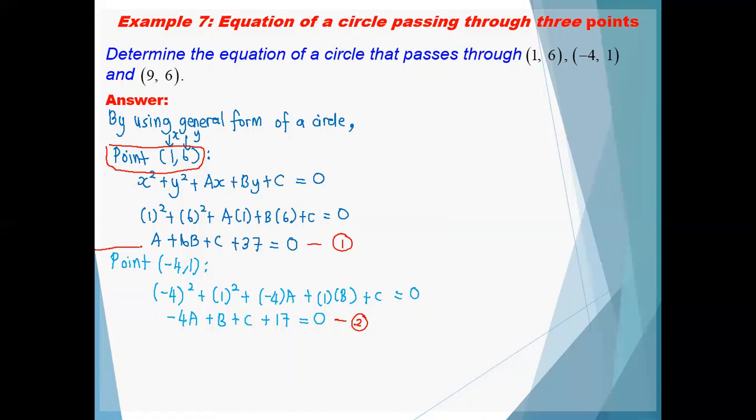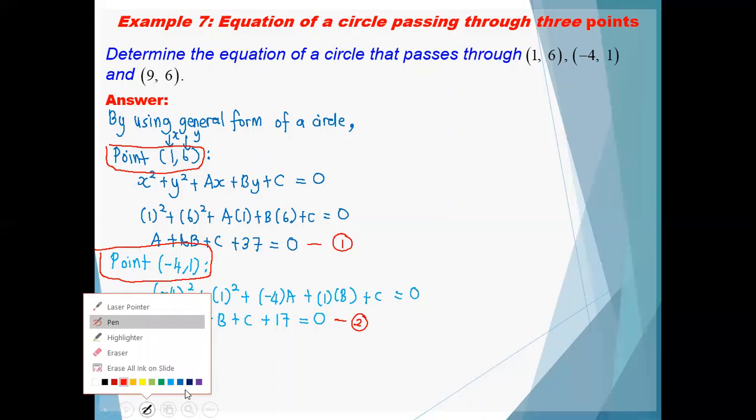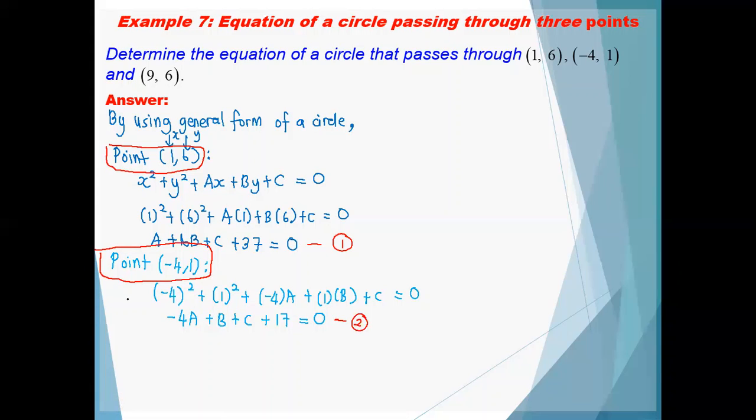Okay, point (-4, 1). Okay, and then we have another point, which is (9, 6). Same: 9 squared plus 6 squared plus 9a plus 6b plus c is equal to 0.